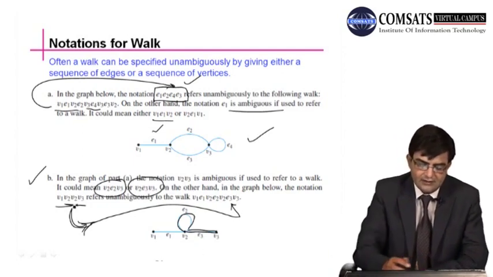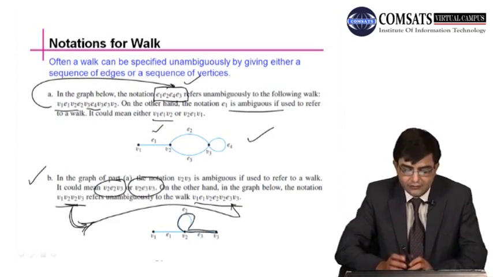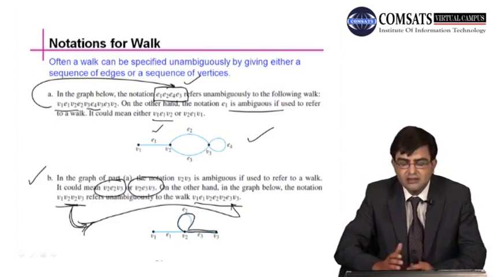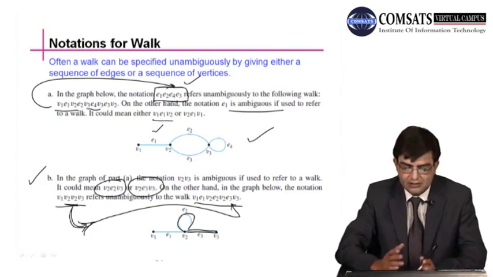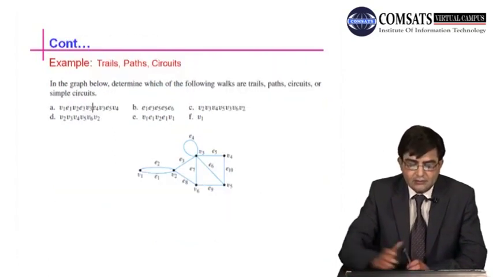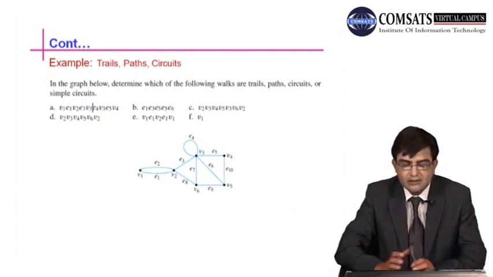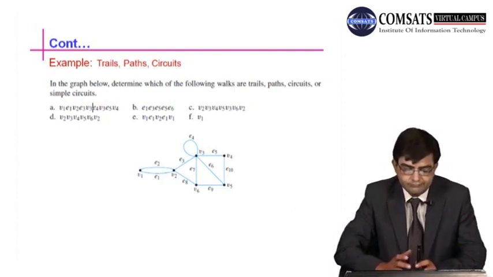So where there is no ambiguity, we can write a walk by writing only the edges or by writing only the vertices. So these are some other notations for writing walks. Let's now investigate with the help of examples what trails, paths, circuits, simple circuits and closed walks are.